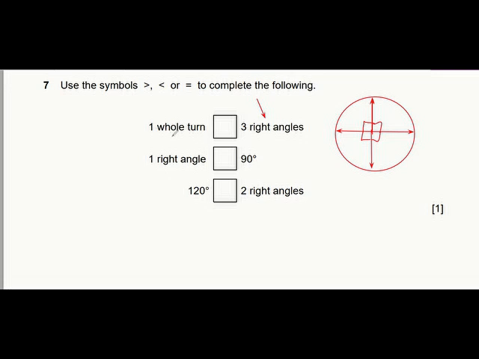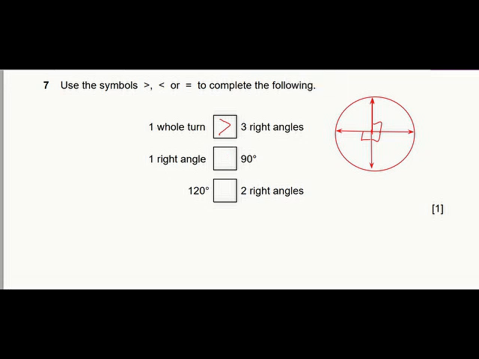Well, it says 1 whole turn, 3 right angles. Is it greater or smaller? 1 whole turn is greater than 3 right angles, because it's 360, and 3 right angles are 270 degrees. Now, 1 right angle is 90 degrees, so it equals 90 degrees.